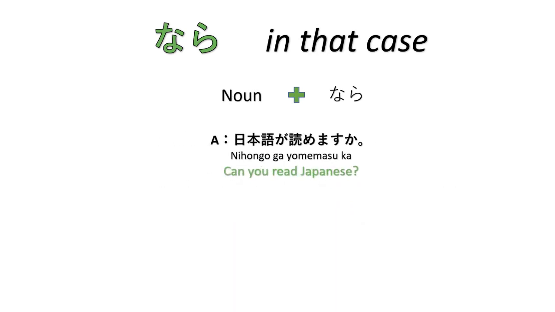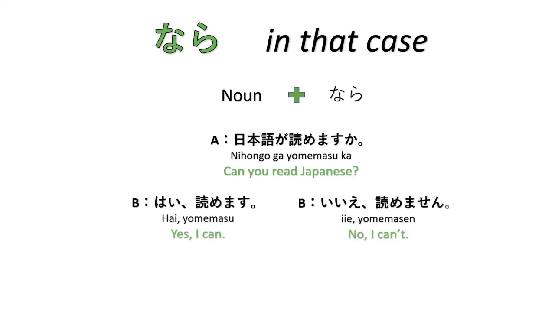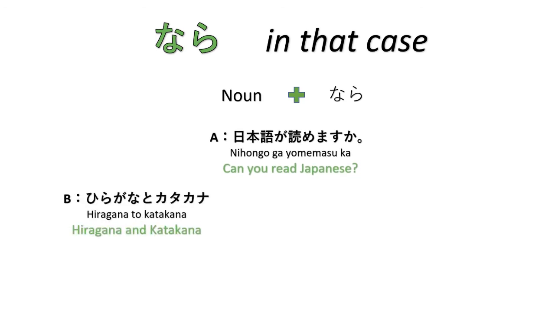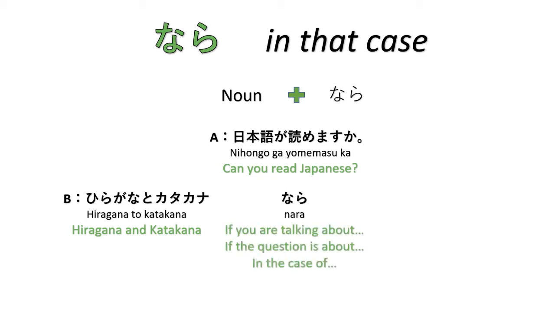Another example, Nihongo ga yomemasu ka? Can you read Japanese? So we can answer, Hai, yomemasu. Yes, I can. Or, Iie, yomemasen. No, I can't. Now, if I want to say, yes, I can read Japanese, but only in hiragana or katakana, I can also answer, hiragana to katakana nara yomemasu.